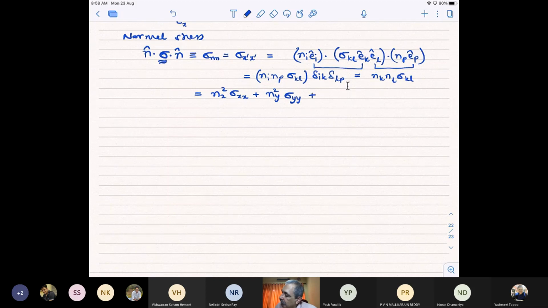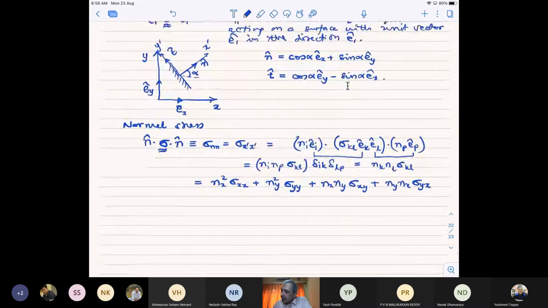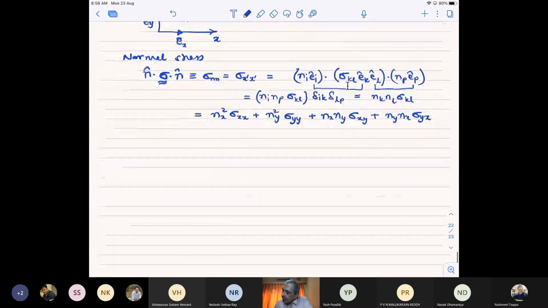Then you'll have two more terms, n_x n_y sigma_xy plus n_y n_x sigma_yx. So now we know what is n_x. n_x is cos alpha and n_y is sine of alpha.